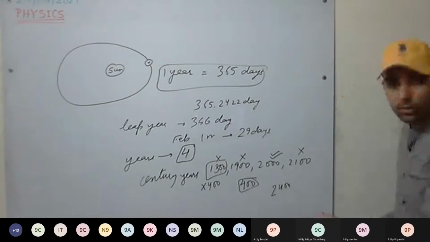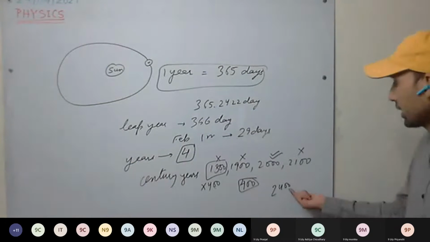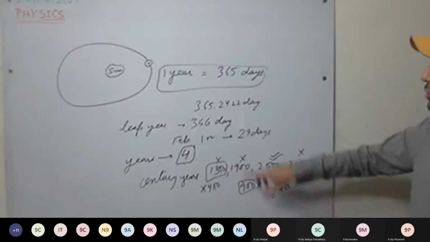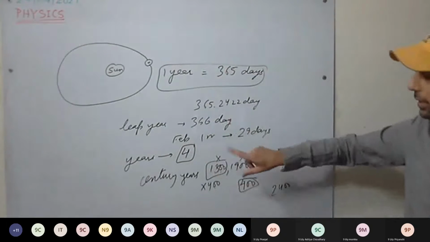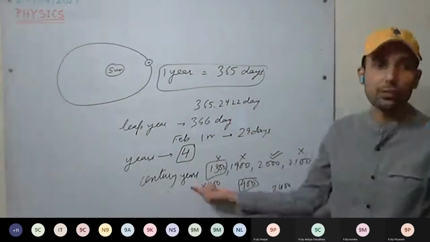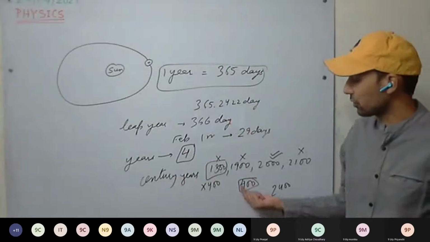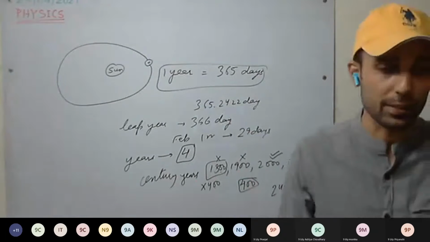But 2400 will be a leap year, as it is divisible by 400. This you must understand. Any year that is divisible by 4 is a leap year, but for century years, we have to check whether they are divisible by 400 as well. If they are, then that century year is a leap year.